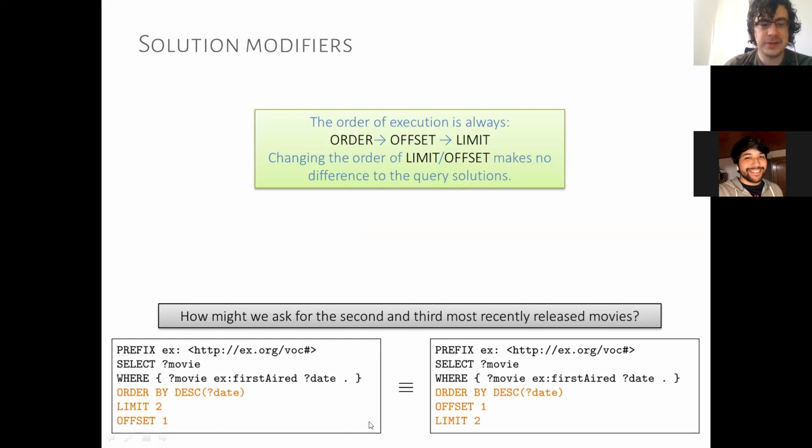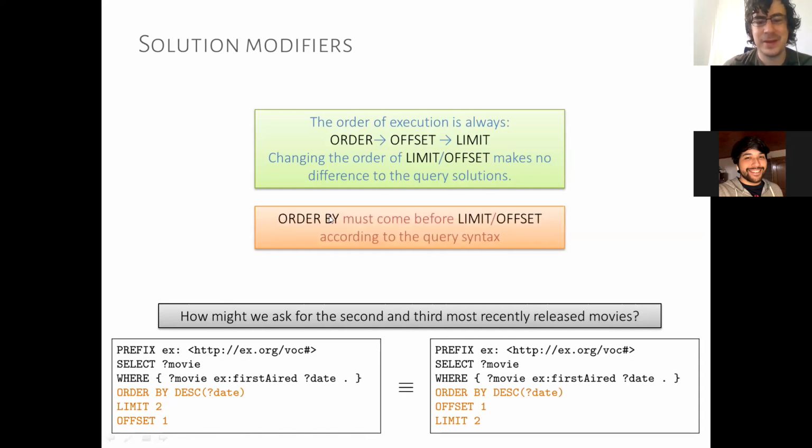I actually don't think that you can change the position of order by. I think you can for some reason syntactically write these queries, but I'm not 100% certain of that. In any case, the order of execution is always order into offset into limit for the solution modifiers.